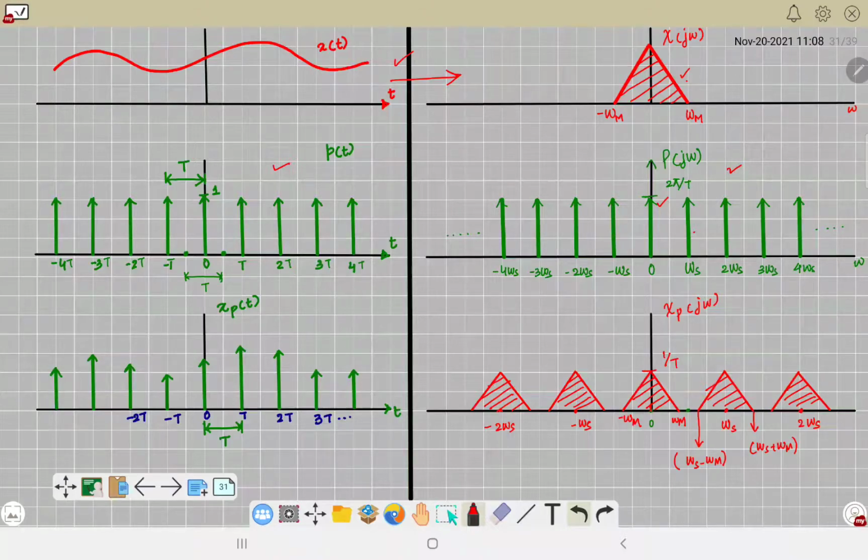Now ω_s is the sampling frequency. And finally our sampled signal x_p(t) in the time domain is simple: wherever the impulse and signal match, you will have a waveform wherein these individual impulses are modulated in amplitude by the amplitude of x of t.